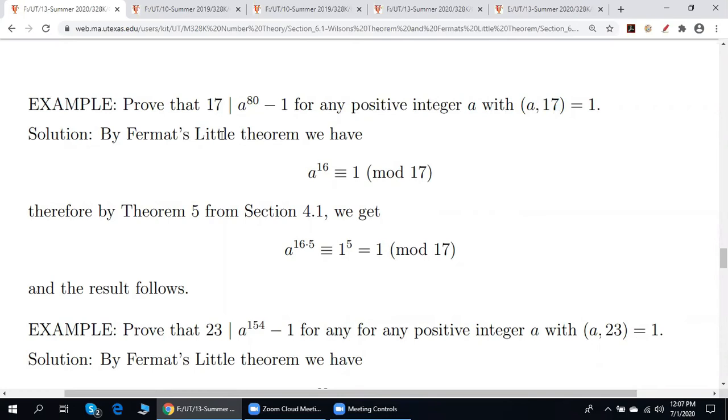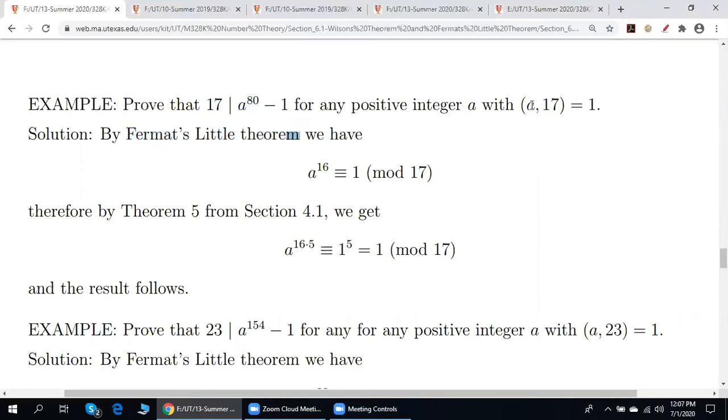Observe that we cannot apply Fermat's little theorem directly, because by Fermat's little theorem, 17 divides a to the 16th power minus 1. This is not 16, this is 80. But Fermat's little theorem is a good starting point.